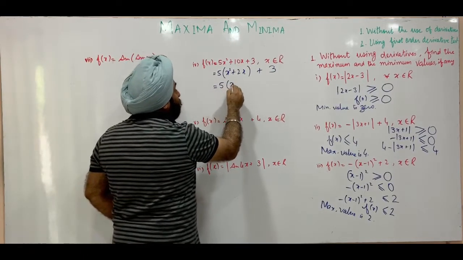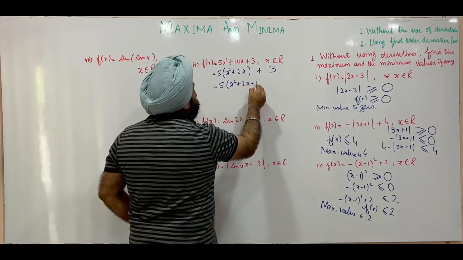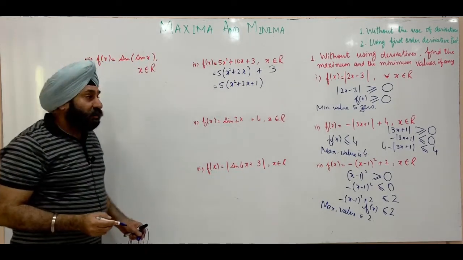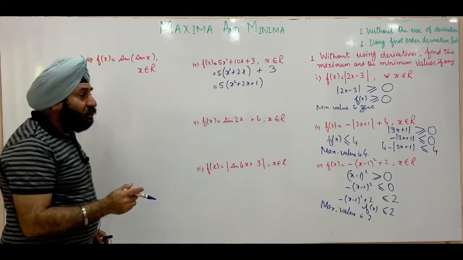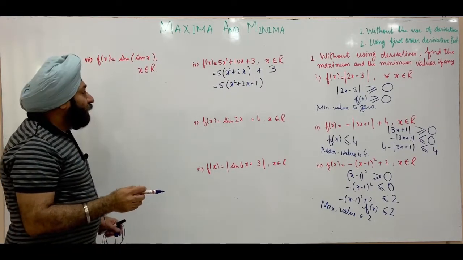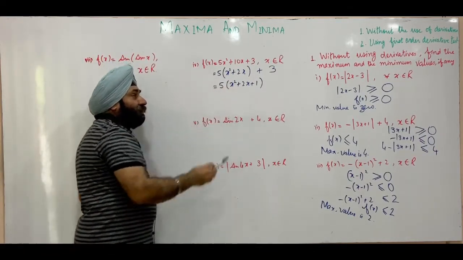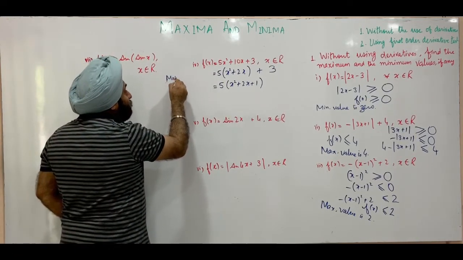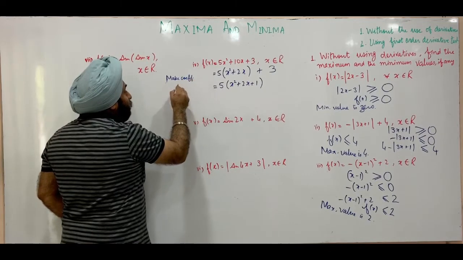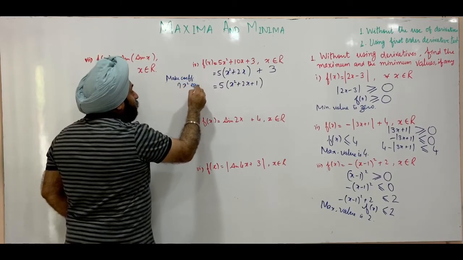This is 5 into x square plus 2x, we add 1. This is to complete the square here. So what is added in any quadratic? After making the coefficient of x square equal to 1, we always add. So the first step is to make the coefficient of x square equal to 1.